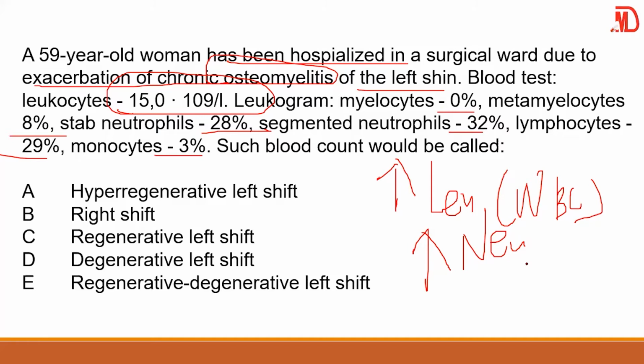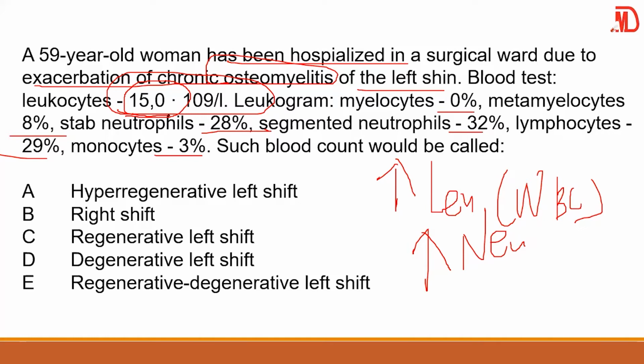So first of all, let's analyze this question. Now we are having a lot of leukocytes present. So is it a right shift or a left shift? Who can tell me? Left shift. Exactly. Now, with the left shift, we're going to analyze whether it is regenerative or degenerative.